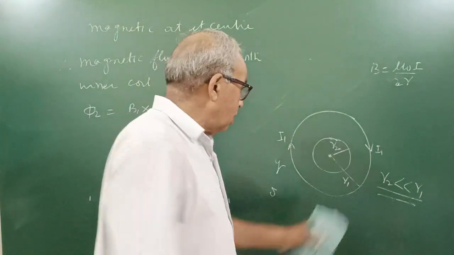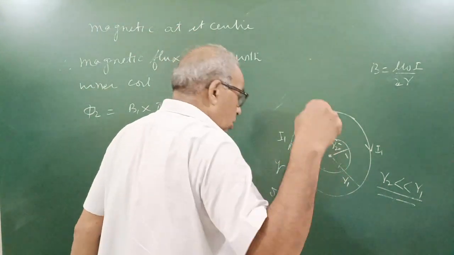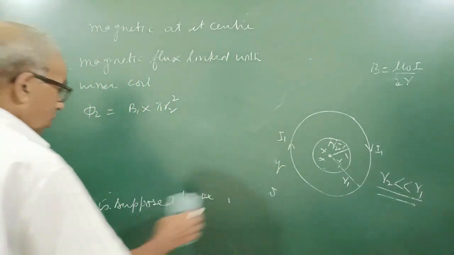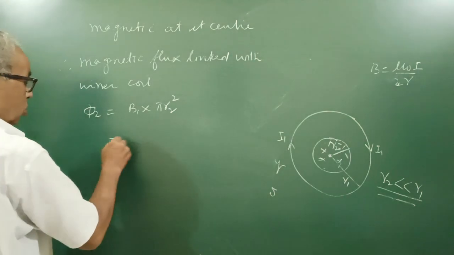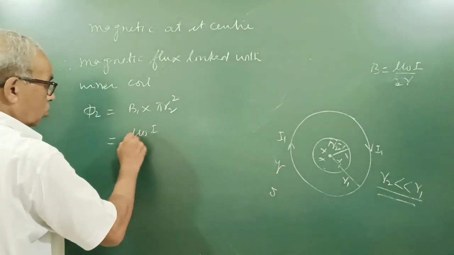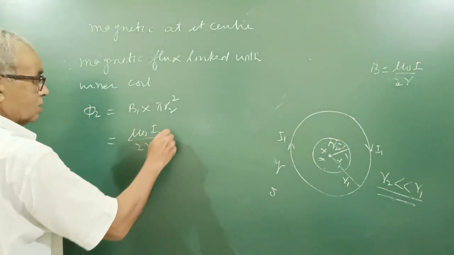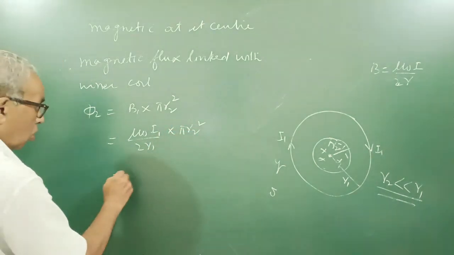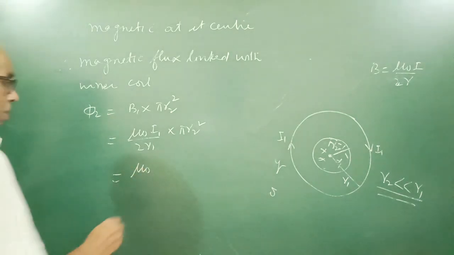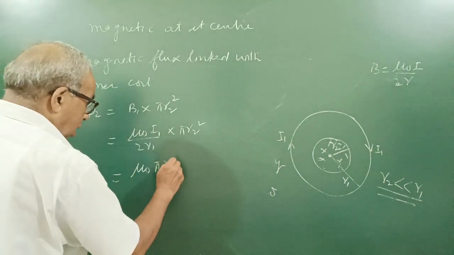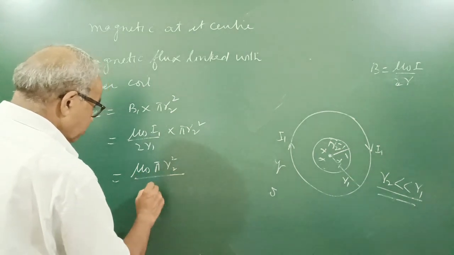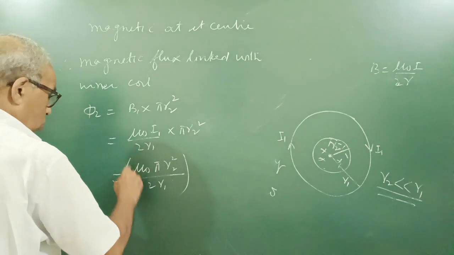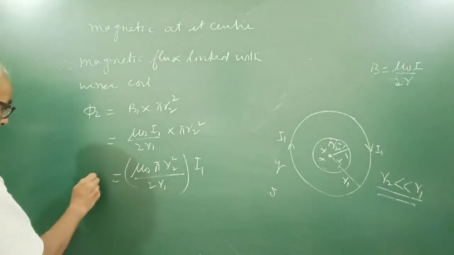Field due to the outer coil is supposed to be the same everywhere, into the area. B1 equal to mu 0 I1 upon 2R1, into pi R2 square, or mu 0 pi R2 square upon 2R1, into I1. This is phi 2.